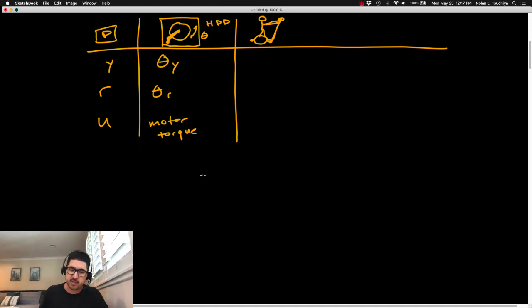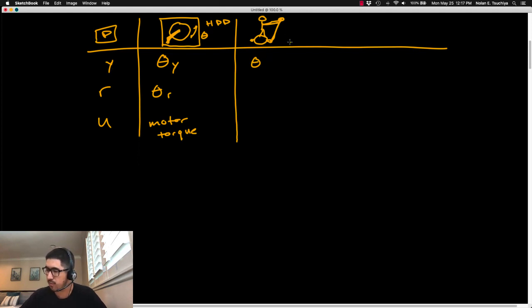For the Segway scooter, the parameters are largely the same as the hard disk drive example we just looked at. What you want is basically to remain balanced. You want to not fall down even though you're only supported by two wheels at the bottom.